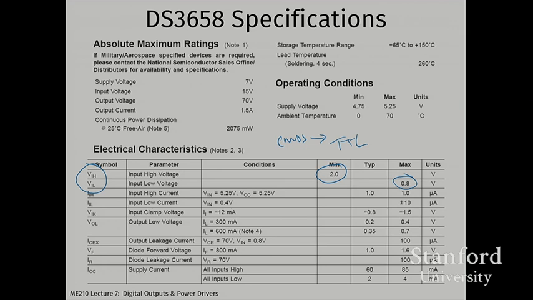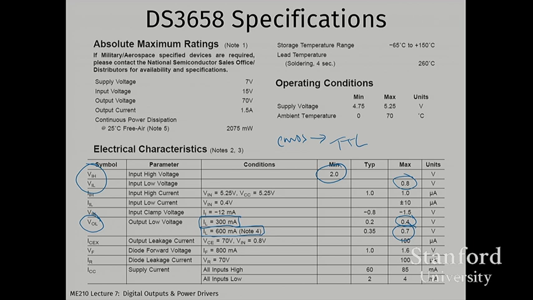So this gives you specifications for the VOL. For example, if you're up to less than or equal to 300 milliamps, the VOL is never above 0.4. And if you go all the way up to less than or equal to 600 milliamps, the VOL is never more than 0.7. So those are specs here.